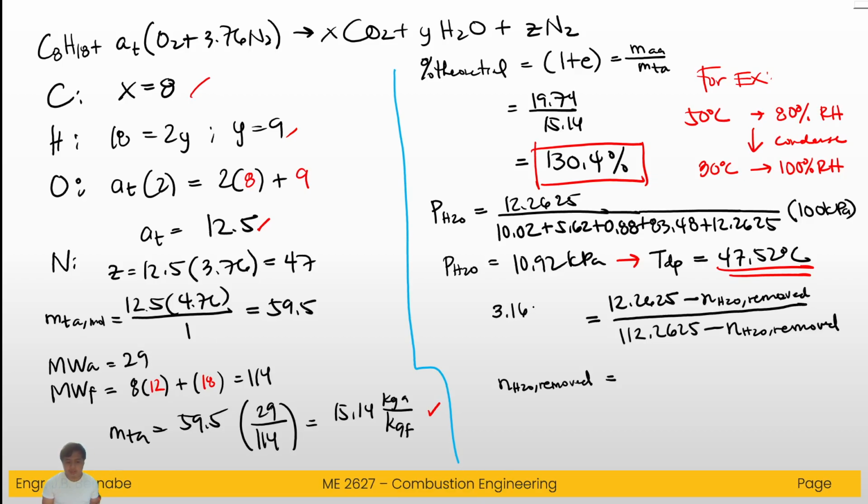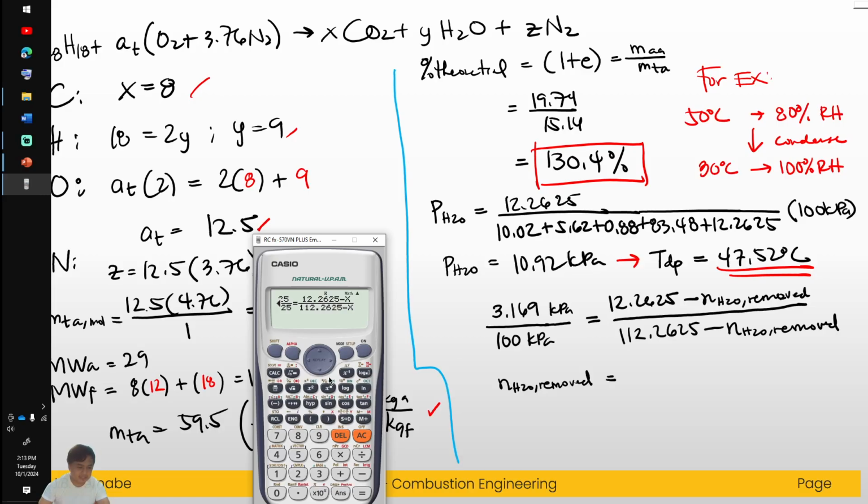So, 3.169 kPa over the total pressure of 100 kilopascal. So, this is in kPa of water and kPa of the total of the stack. So, therefore, this should be the ratio, pala nga pala, no? So this should be 3.169 divided by 100.